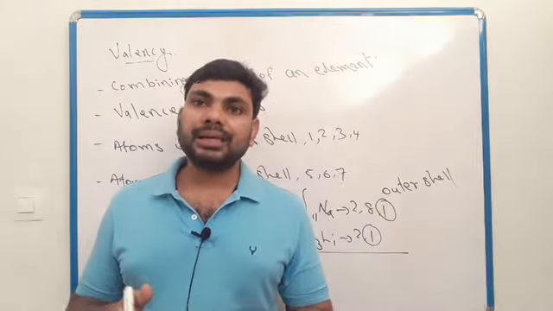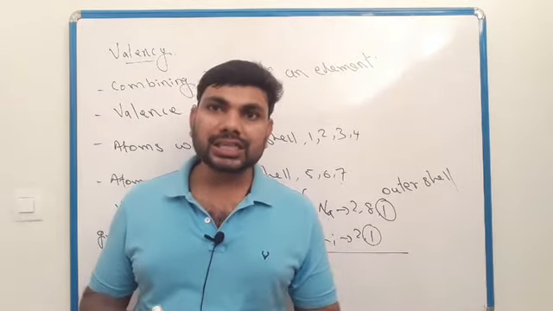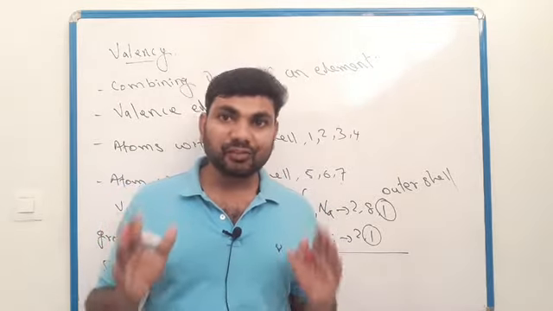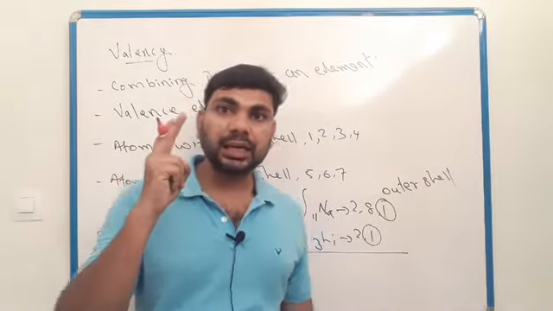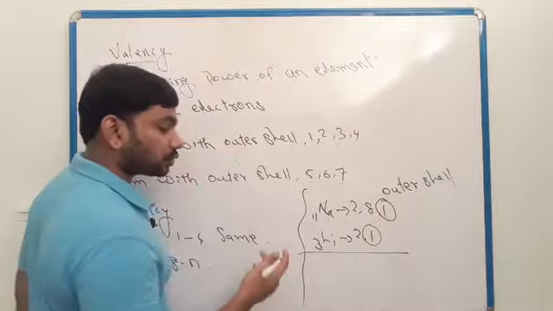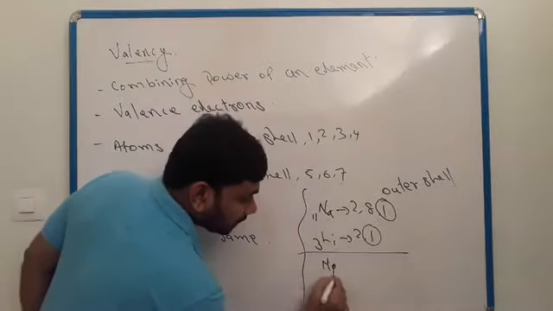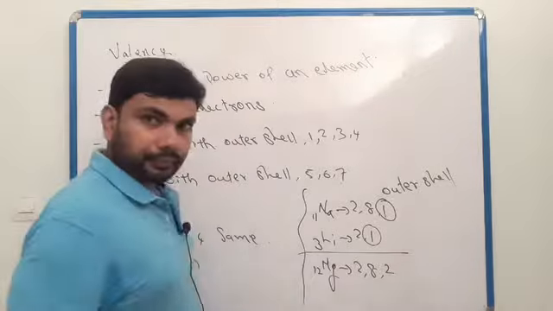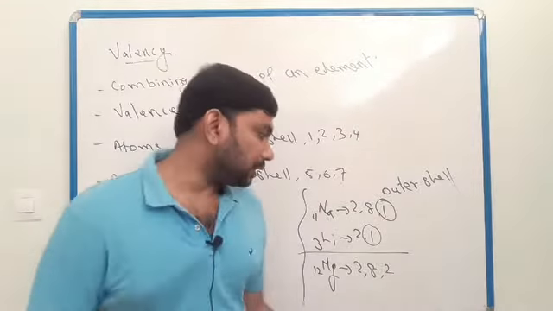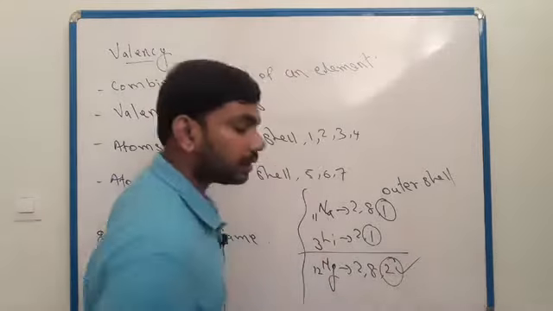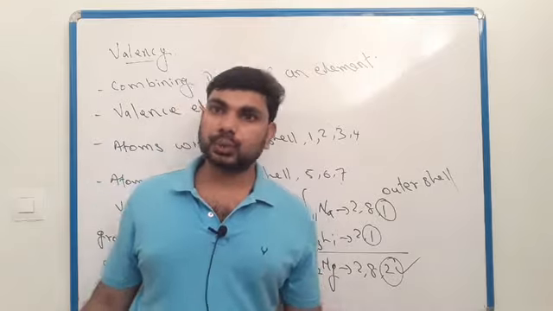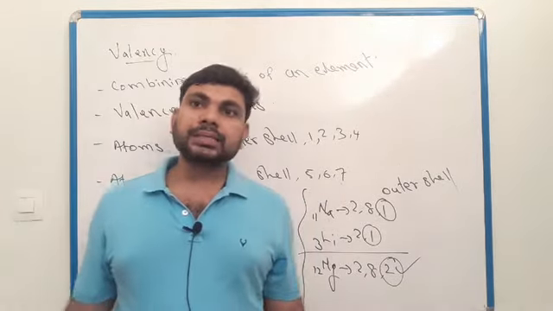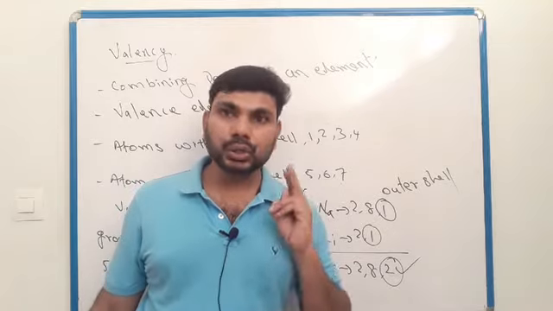When you take group 2, you can check the periodic table: beryllium, magnesium, calcium, strontium, barium. These are group 2. All group 2 elements have valency 2, or their valence electrons are 2. Look here, magnesium, atomic number 12, 2, 8, 2. Magnesium has 2 electrons in the outer shell. Clear? So all group 2 elements have valence electrons 2.